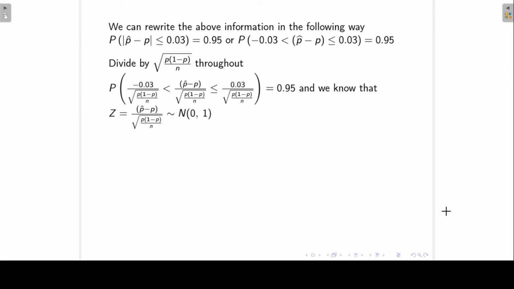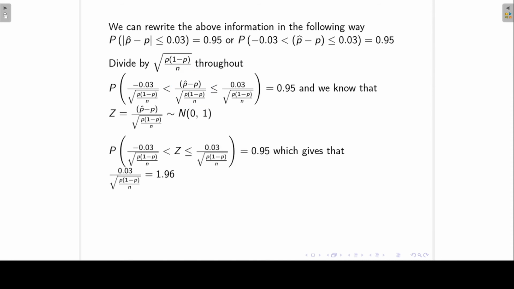So now we divide by the standard error throughout, and you will recognize that this statistic here follows the standard normal distribution. So now I substitute my statistic with Z, which is a standard normal variable, and the probability that Z lies between this lower limit and upper limit is 0.95.